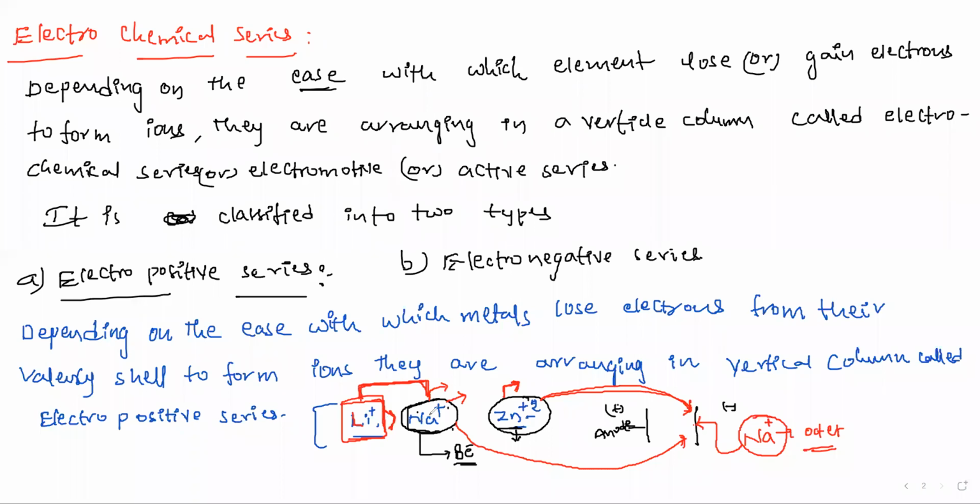Now which will deposit on the cathode? Right, sodium. Now you got the clarity, right? Now I will give the electropositive series, and there you will get clarity.